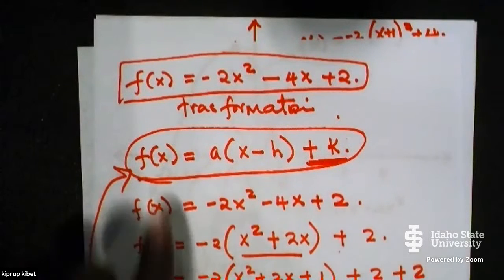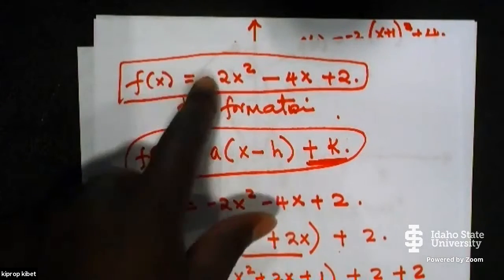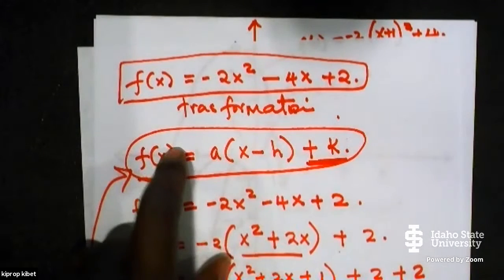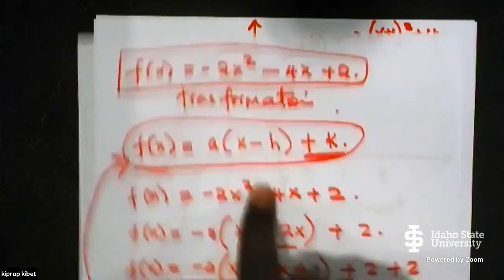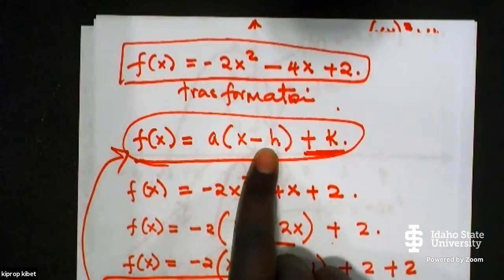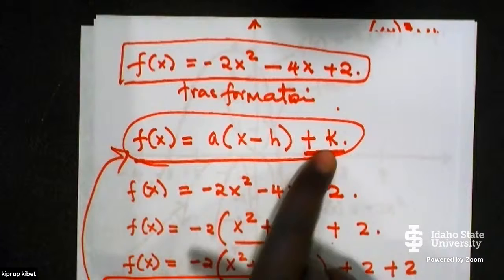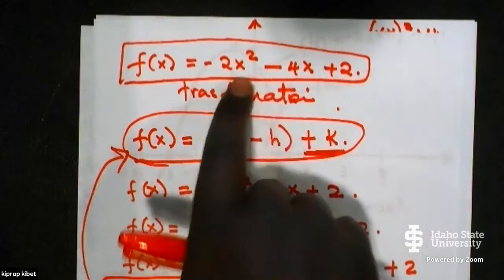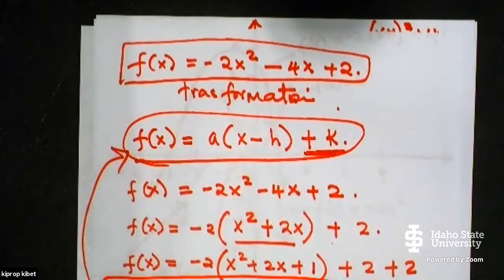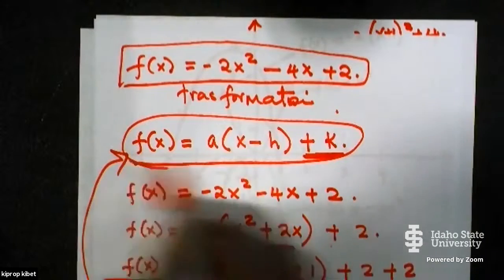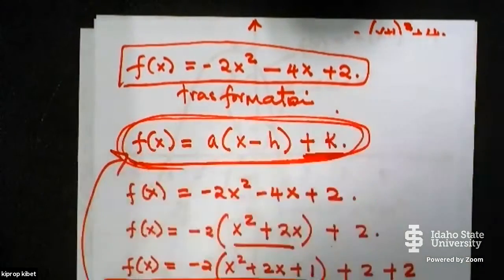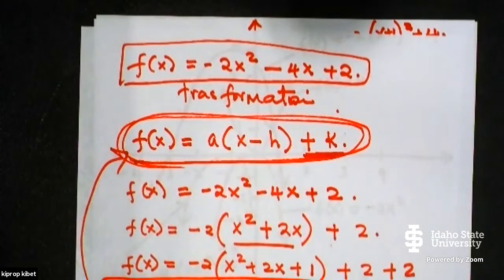A question can be like, transform this function into this. Another one can be, identify h and what? And k from this function. Okay? So you need to understand very well how to do this. So this is our formula.